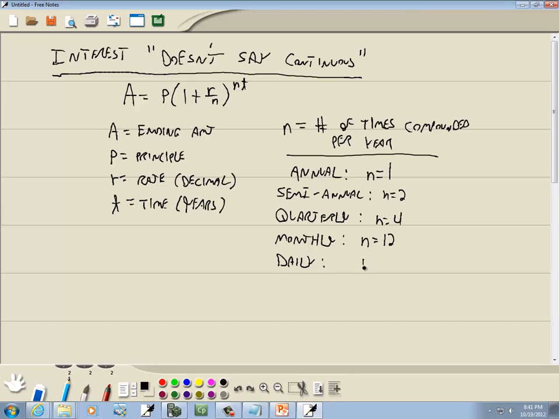Daily, excluding leap year: n is equal to 365. And I think I forgot weekly, didn't I? Let me put weekly in there. Weekly, n is equal to 52. And some problems may say hourly, and that's 365 times 24.